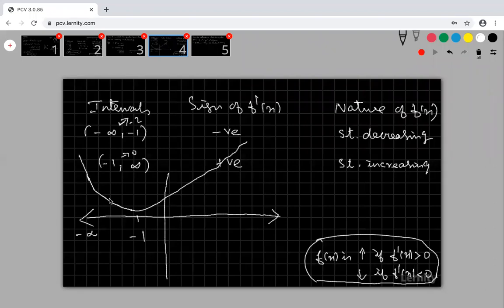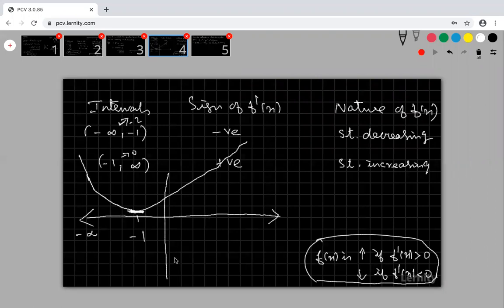So minus infinity to minus 1, my function is strictly decreasing. Strictly decreasing means only decreasing. After minus 1 to infinity, it is increasing. At minus 1, it is some constant. At x equal to minus 1, my f dash of x is 0. That function is constant at a particular point.